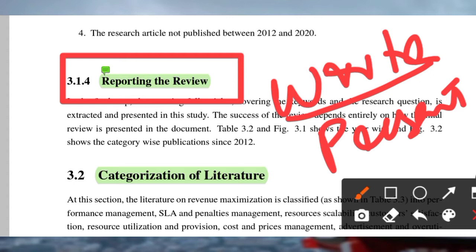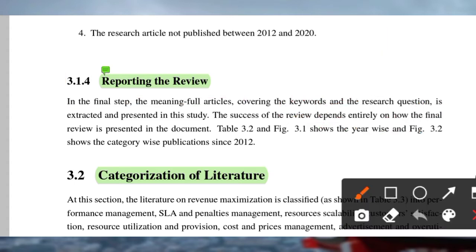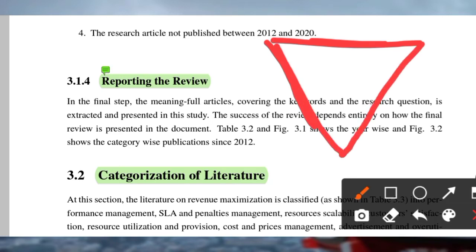So how do I report the literature? Once we report the literature, we use just like a funnel. Funnel means that first you discuss the main topic, and after that you narrow it down to the subtopic, and at the end you discuss the ideas which are closely related to your topic.